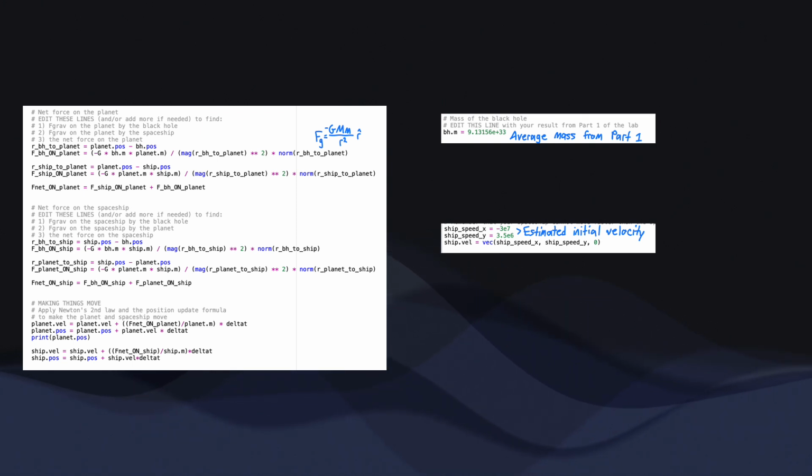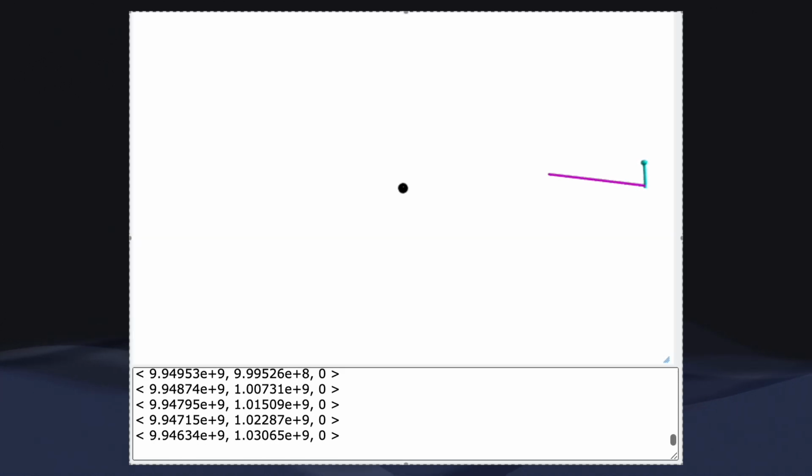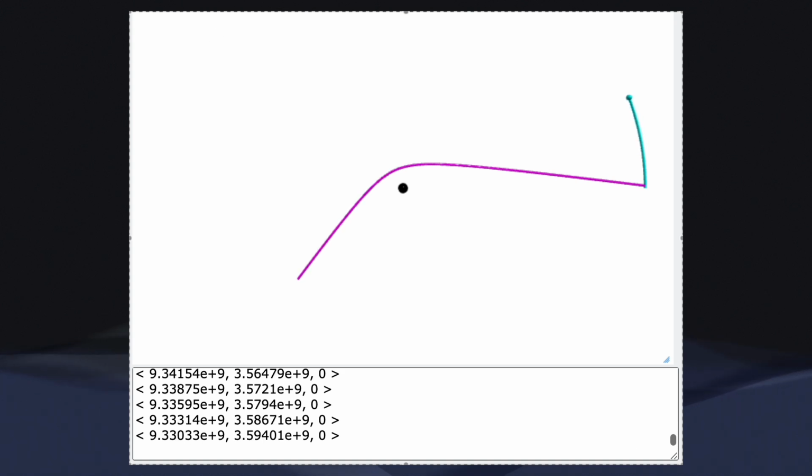And then the distance vectors up at the top were also calculated. The average mass was inputted from part 1, and then the estimated initial velocity was -3 times 10 to the 7 and 3.5 times 10 to the 6. And then the output of this was this video. And as you can see, we avoid entering the black hole.